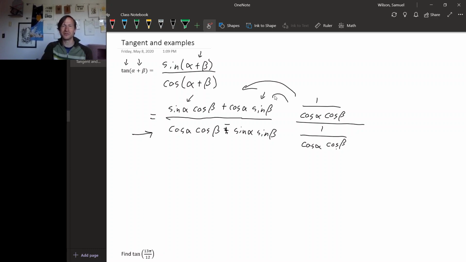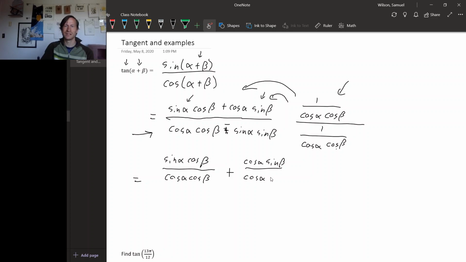Now we're going to have to distribute here and in the denominator as well. So for this upper left piece, we get sine alpha cosine beta times this fraction over on the right, and that's going to put this over cosine alpha cosine beta, plus this upper right piece, cosine alpha sine beta over cosine alpha cosine beta, all over, and now we can distribute in the denominator.